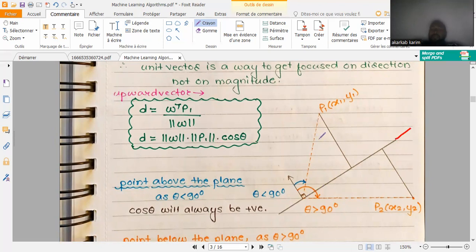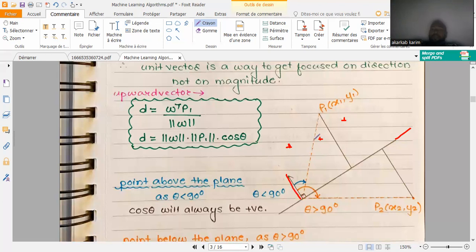You can find other points here, here, or here, but in this example we're taking this point p1 with coordinates x1, with this plane, and we have this angle of 90 degrees, considering this direction that we have here.